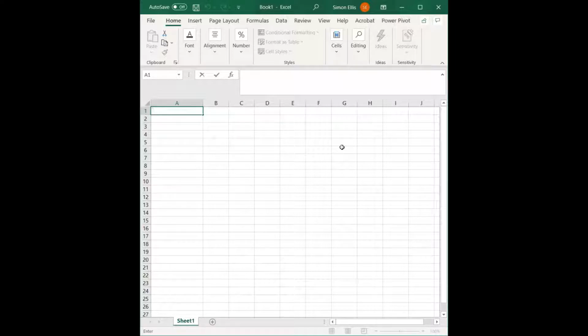One is initial deposit, the second variable is years, the third variable is periods per year, and the fourth variable is annual rate. All right, so the first thing we need to do is go ahead and put in our initial deposit, then years, then PPY, which is short for periods per year, and annual rate.